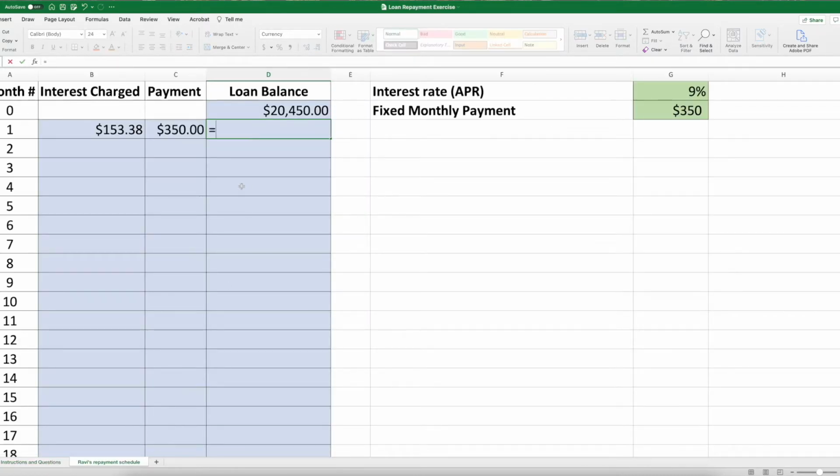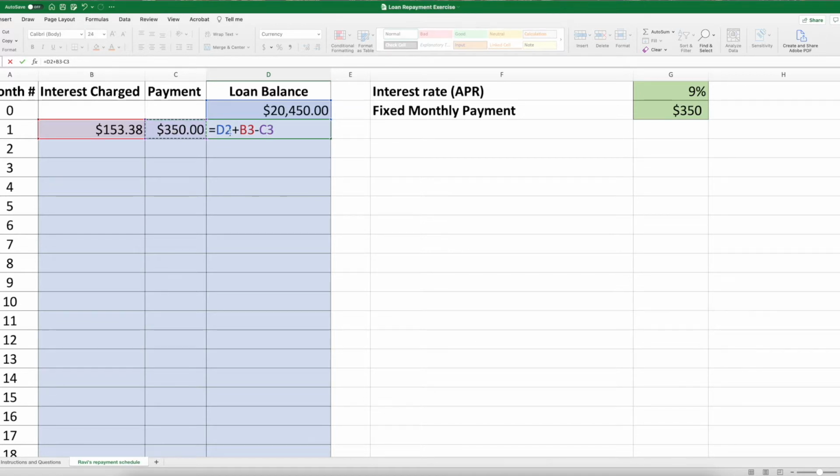You start with the previous month's loan balance, which in my case is D2, which I enter by simply clicking on D2 and then adding to it the cell that contains the interest charges this month, which is cell B3, and I added that by clicking on B3 and then subtracting from it the payment that he has made, and so that is in the cell C3.